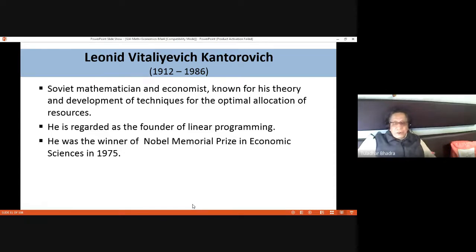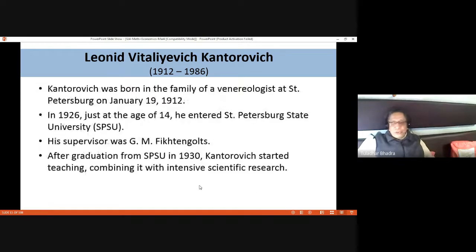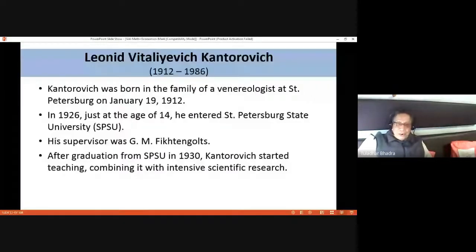The person, mathematician, economist, Kantorovich. Kantorovich was born into the family of a neurologist in St. Petersburg in January 1912. In 1926, just imagine, a young boy at the age of 14 was in university courses. St. Petersburg State University was a very prominent university at the time, 1926, and there was also Moscow State University.